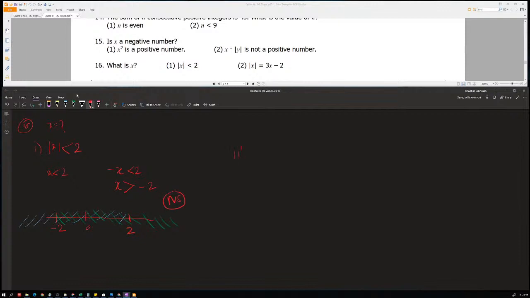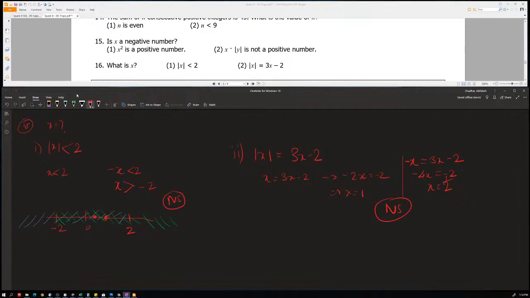Let's see the second condition. x is equal to 1 will lie here and x is equal to half will lie here. In both cases, we can see that it still comes in the range. So this condition also cannot resolve it.